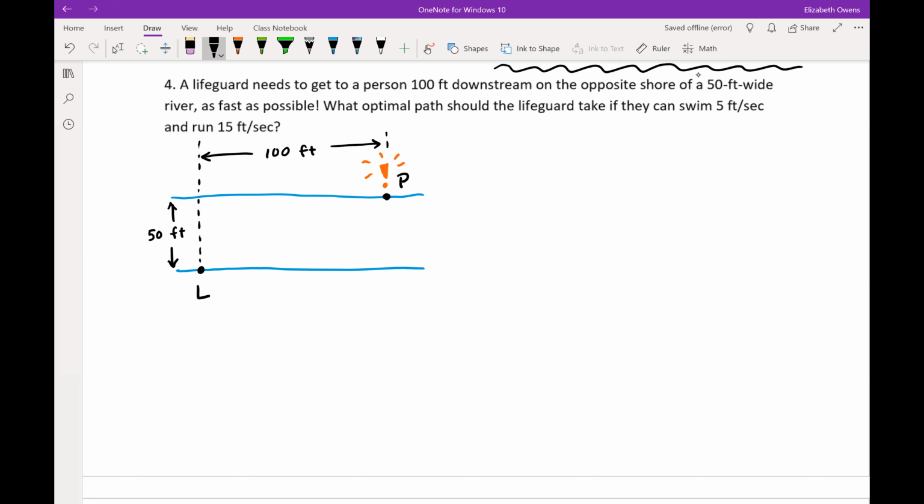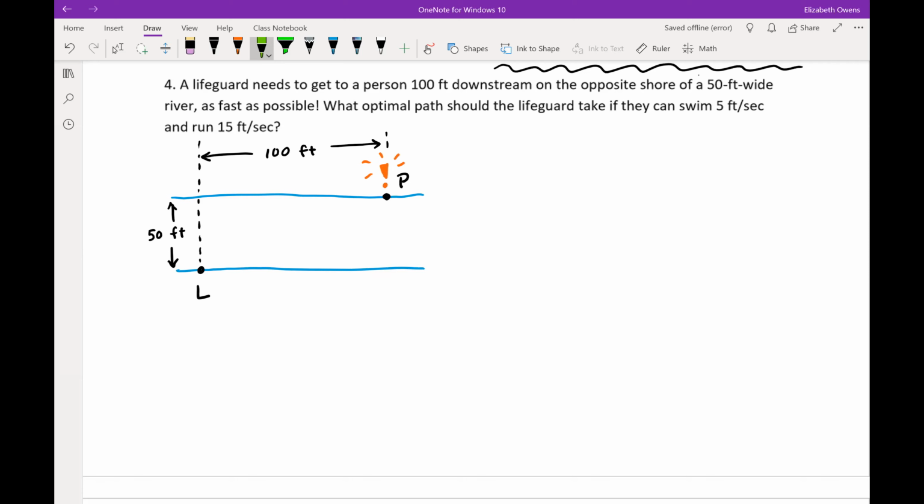Now we can see some different scenarios of what could go on here. There are different paths that the lifeguard can take. Let's just sketch a few of them.